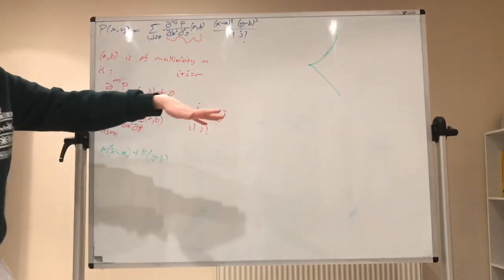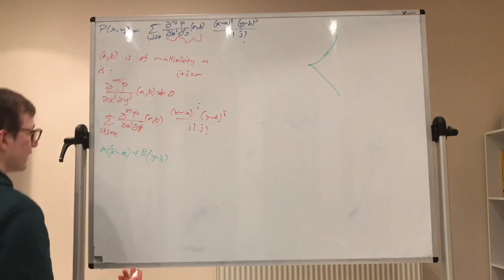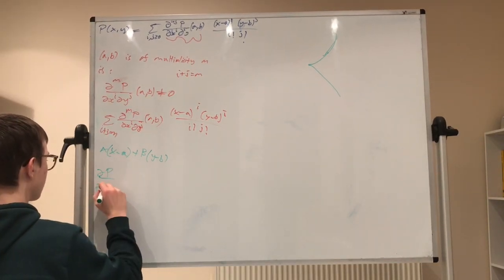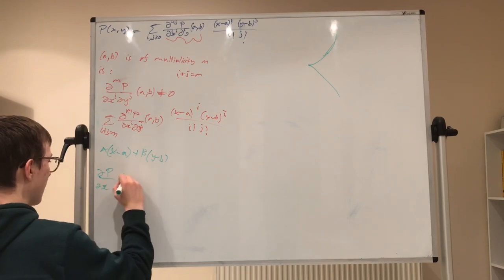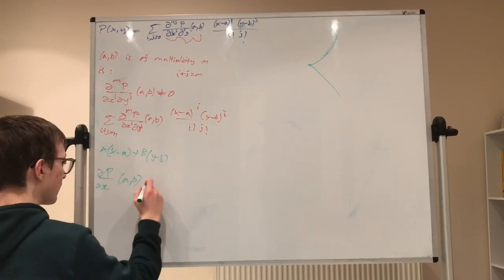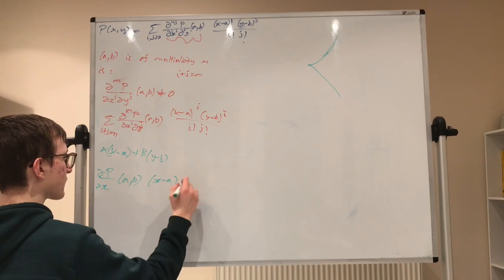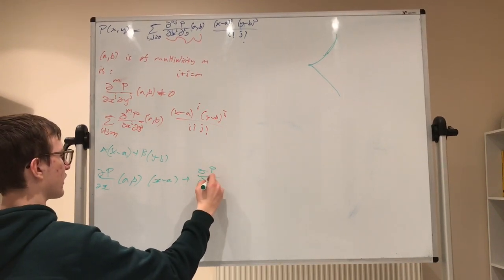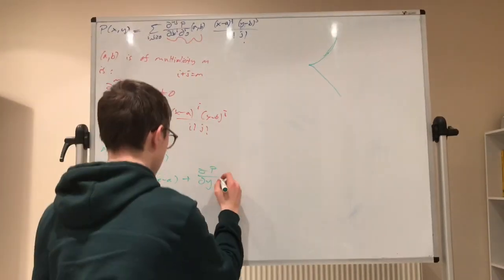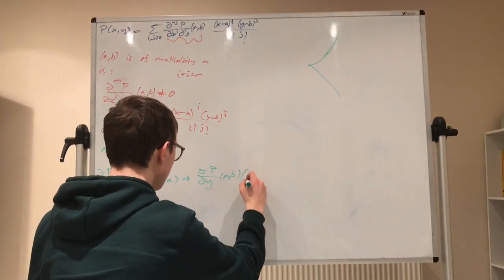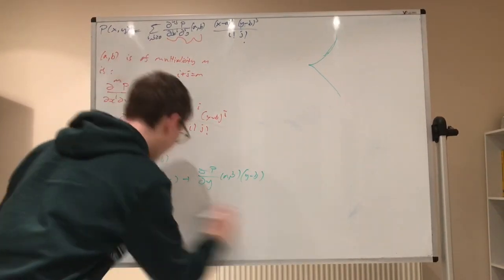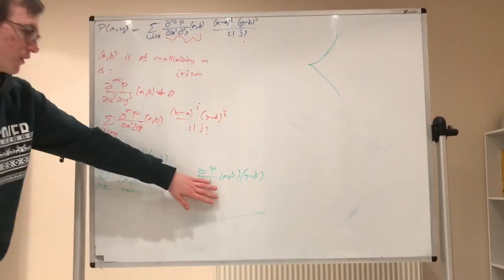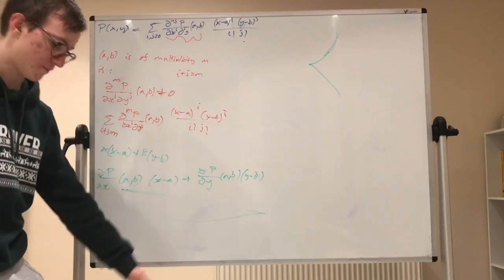But how is that tangent line defined? Well, it's defined as the partial derivative of p with respect to x at (a, b) times (x minus a) plus the partial derivative of p with respect to y at (a, b) times (y minus b). So this right here is the tangent for a non-singular point (a, b).